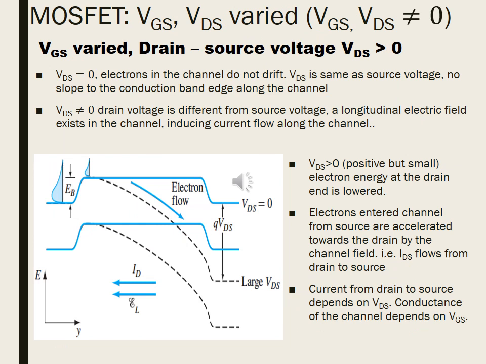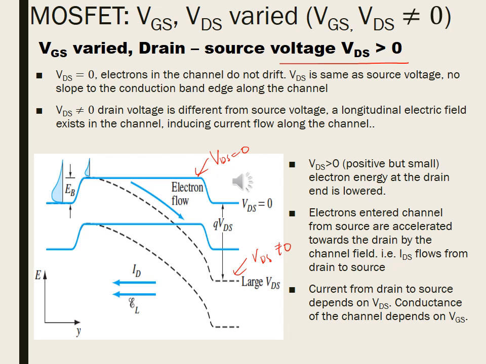When no VDS is applied, electrons in the channel do not drift. VDS is the same as the source voltage. Thus, there is no slope to the conduction band edge along the channel. When VDS is non-zero, the drain voltage is different from the source voltage. A longitudinal electric field exists in the channel, inducing current flow along the channel.